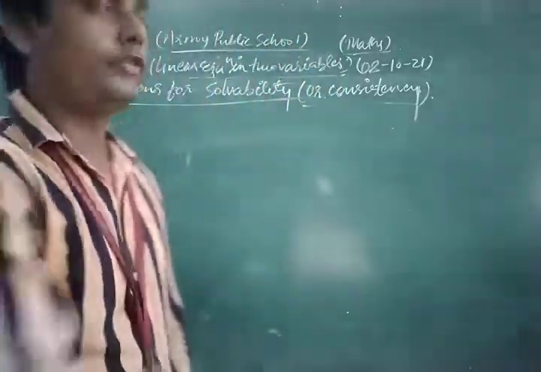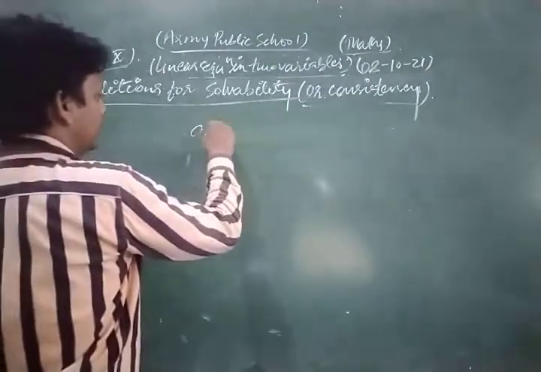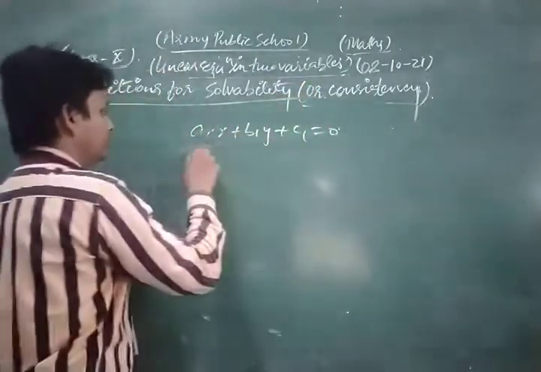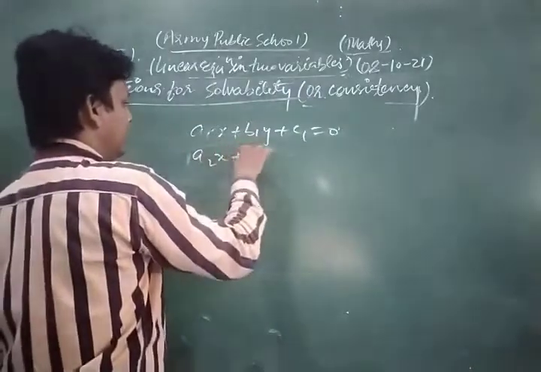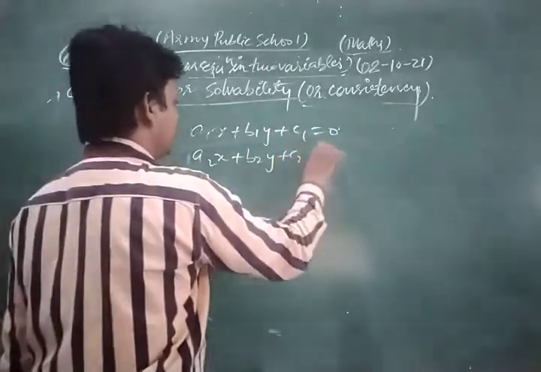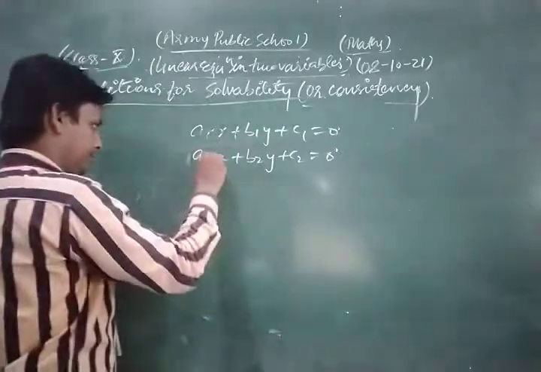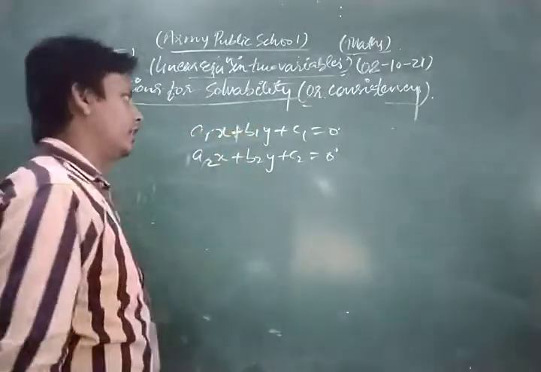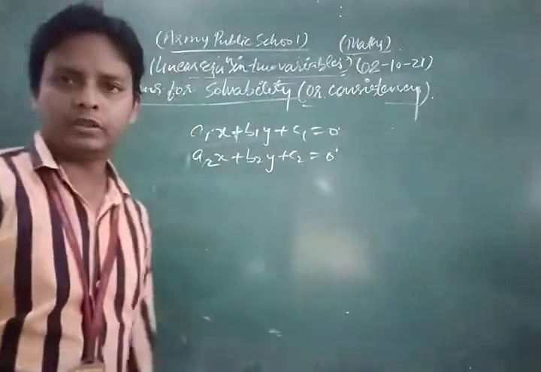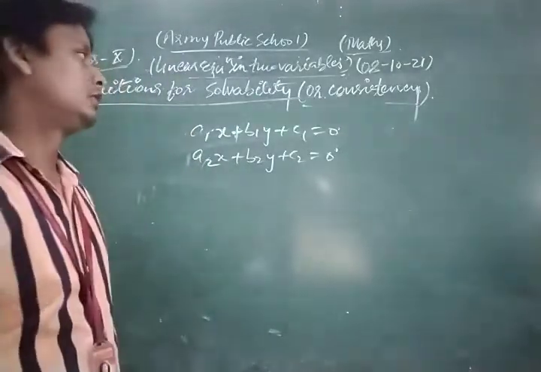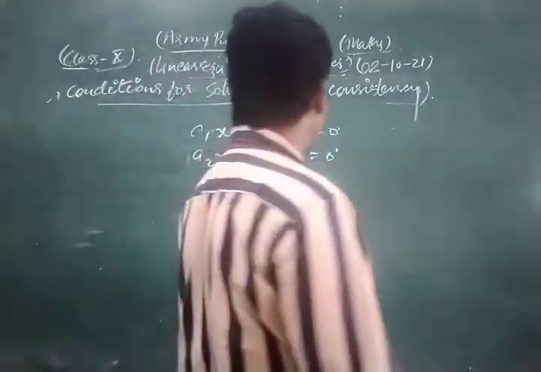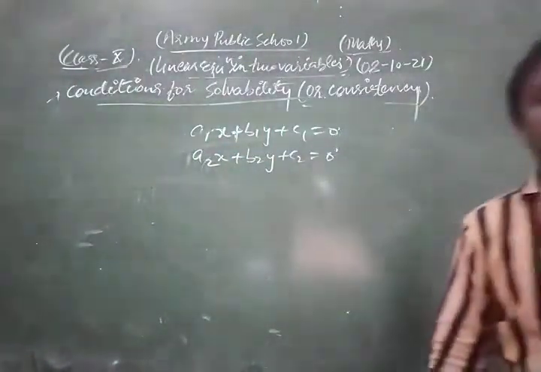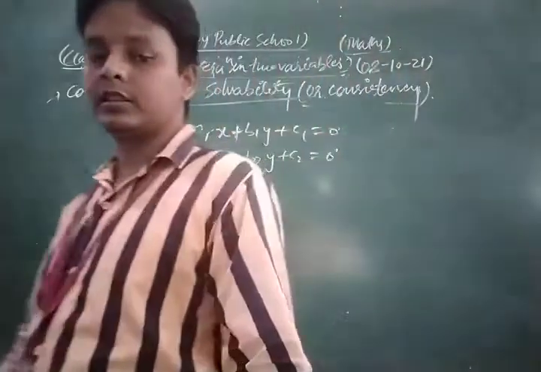So dear friends, suppose we have the pair of equations a1x plus b1y plus c1 is equal to 0 and a2x plus b2y plus c2 is equal to 0, then there are three conditions.